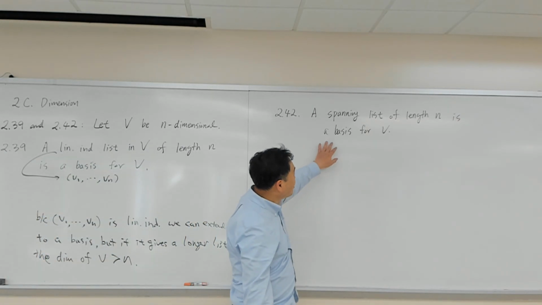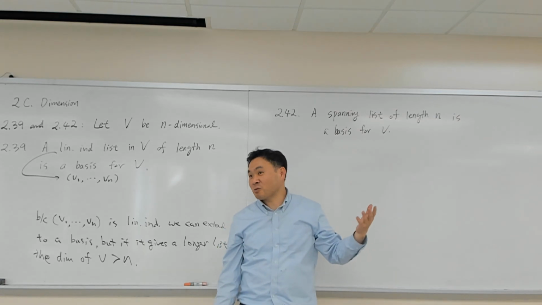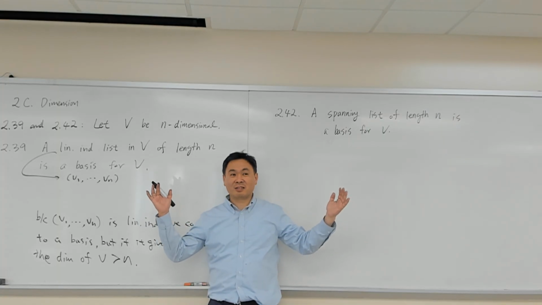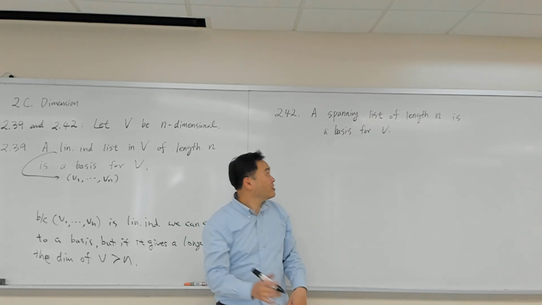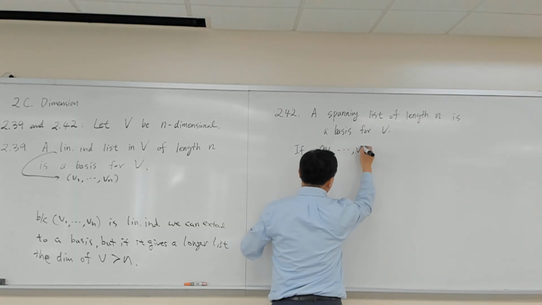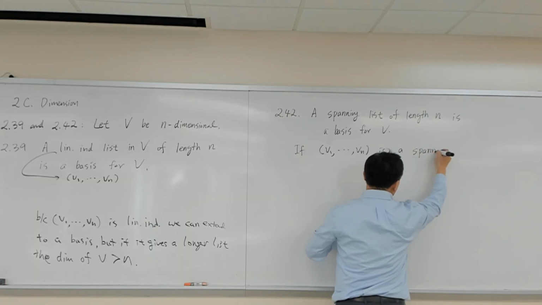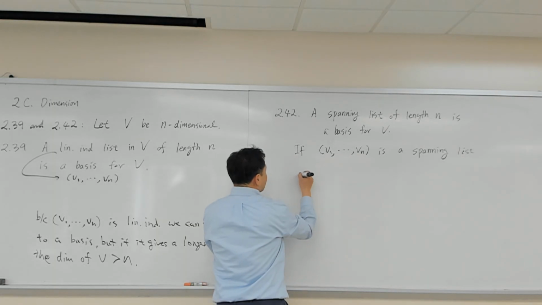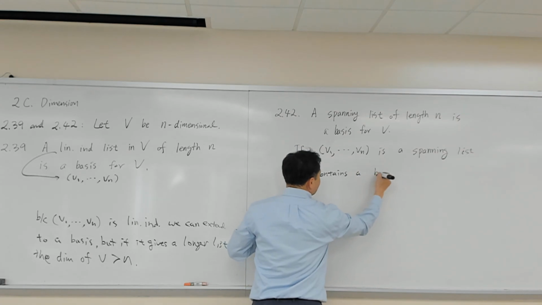So can you come up with an argument for this one? How would this one work? If you have a spanning list, what's the theorem? A spanning list always contains a basis, right? Yeah. So let's see, V1 through Vn is a spanning list, it contains a basis.